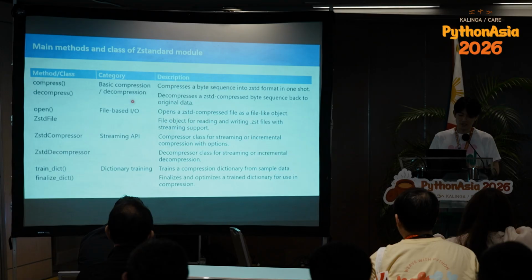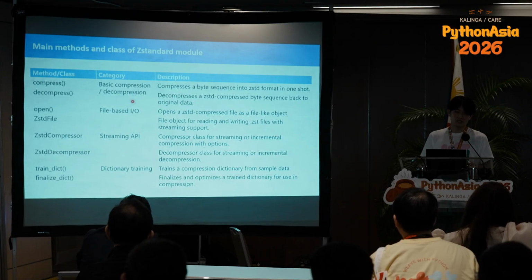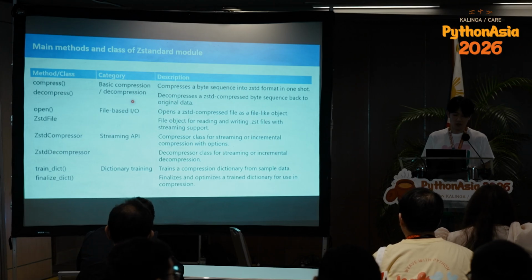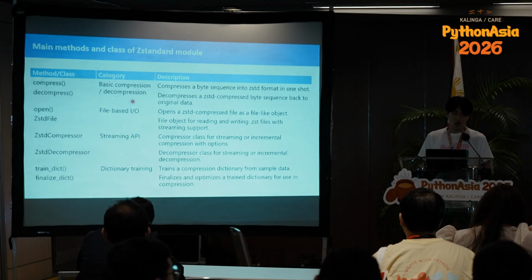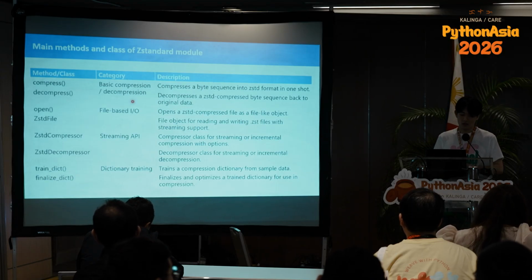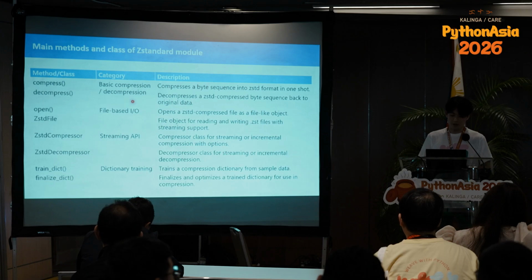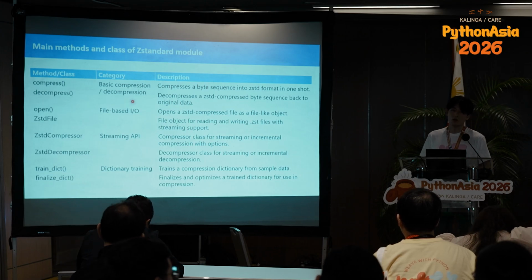As you can see in the table, they provide several categories, one of which is one-shot compression functions, file-based APIs, streaming APIs, and dictionary training APIs. This unified design makes compression code much easier to write and maintain.